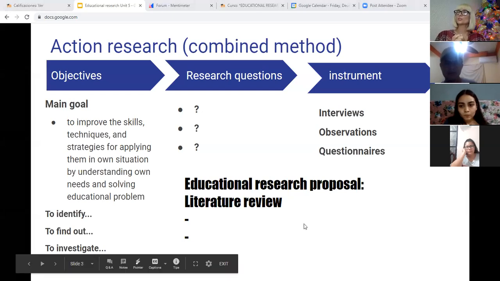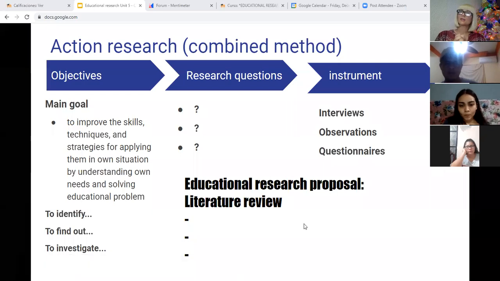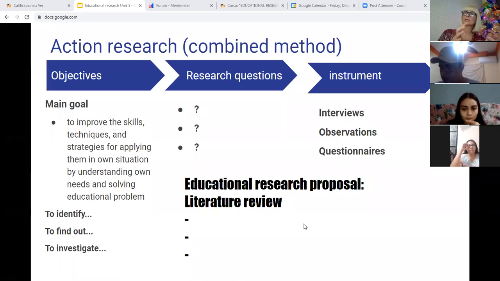And you already noticed that the second task of this unit is introduction, so that will also be part of your proposal. The next semester, on January 5th, we will also have 2 weeks for unit 7. So in the first week, we will complete one part of the research, and the second week, the rest.